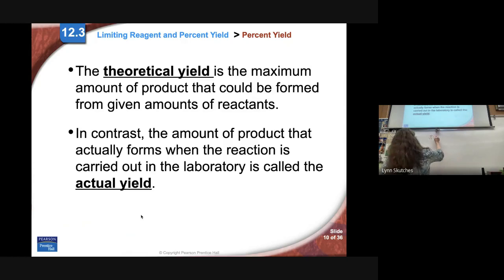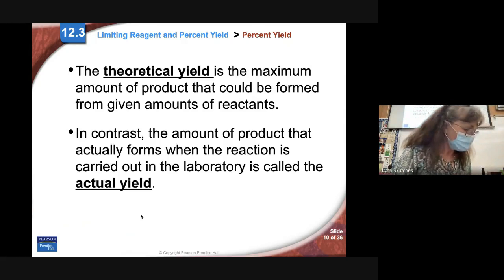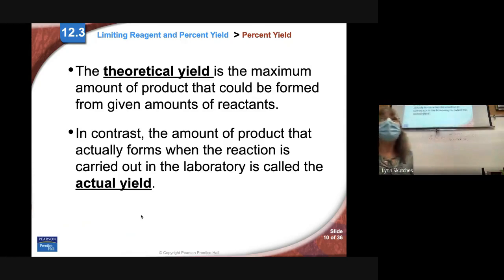Percent yield is the actual yield divided by the theoretical yield from the balanced equation and your stoichiometric calculations. And of course, for percent, you multiply by 100. Part over the total times 100. And again, if you're getting 60, 70%, that's a really good, efficient reaction.